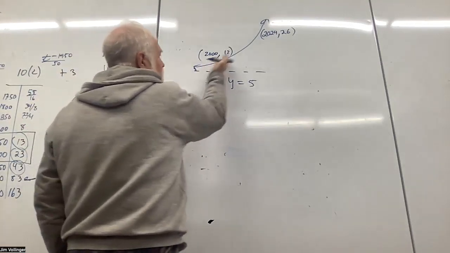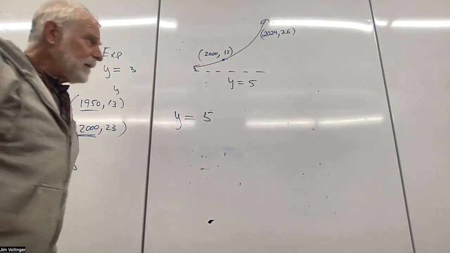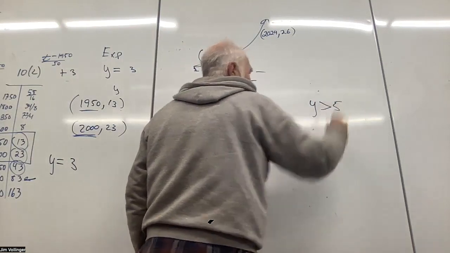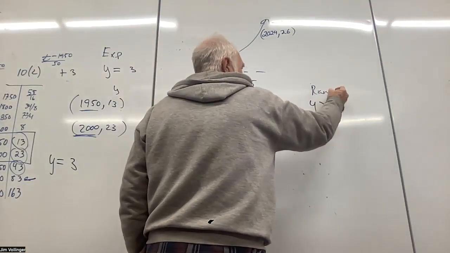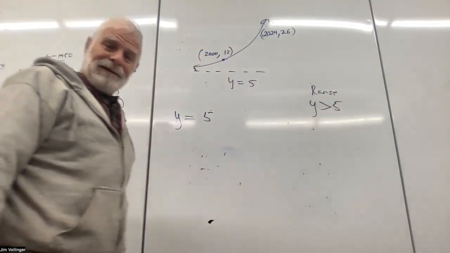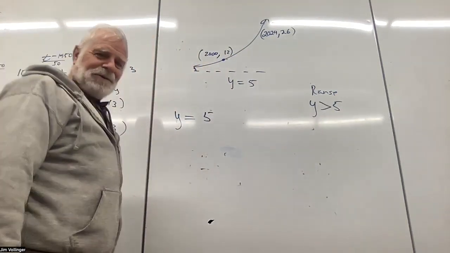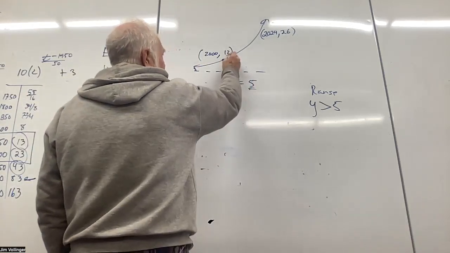I'm measuring all of this change from the constant, and all of my answers are going to be bigger than 5. That's my range. Remember I said there have always been at least 5 sheep in the gill? More than 5. How far is it from 5 to 12?